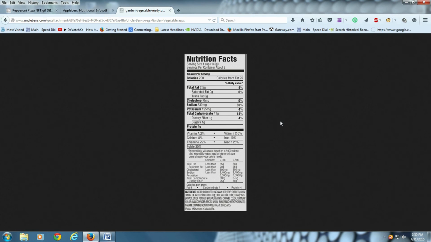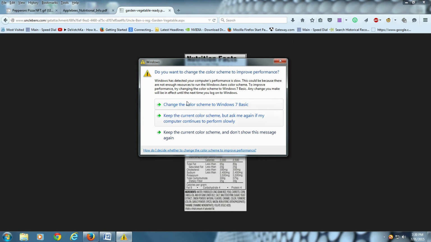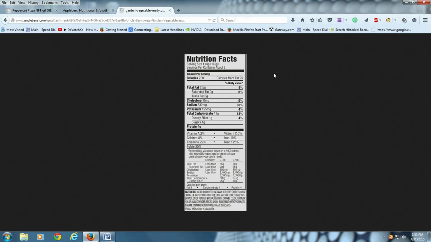Now let's say that I decide to have 2 servings of Uncle Ben's rice. What that means is I'm gonna take 2 cups. So if I take 2 servings, that means I'm now gonna have 400 calories, 5 grams of fat, 82 grams of carbs, and 8 grams of protein.